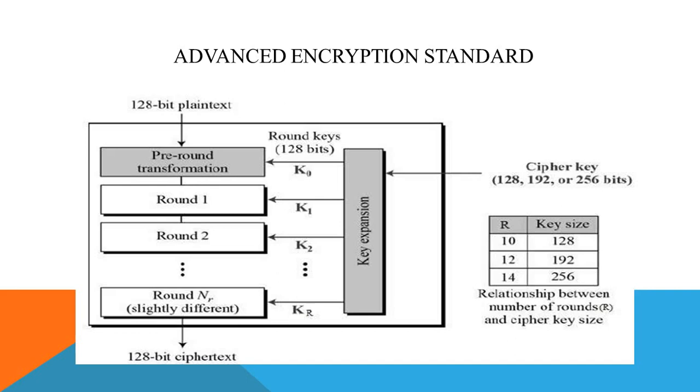The key is produced as a checksum value. At the end of round R, it gives a 128-bit ciphertext. Key sizes are respectively 128, 192, or 256 bits.